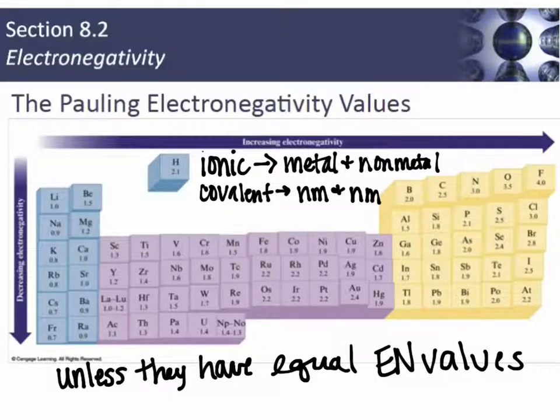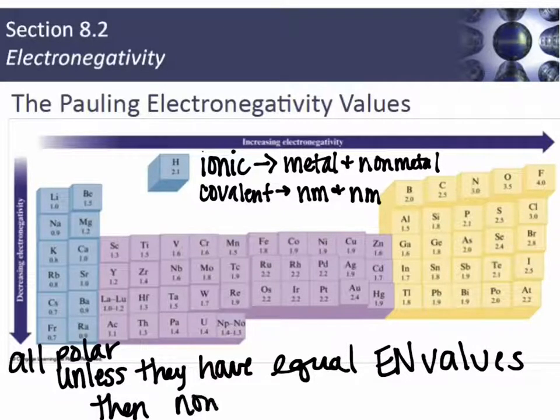So we are all polar unless we have equal electronegative values, then it is nonpolar. So what kinds of things have equal electronegative values?